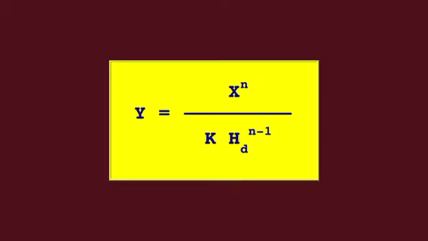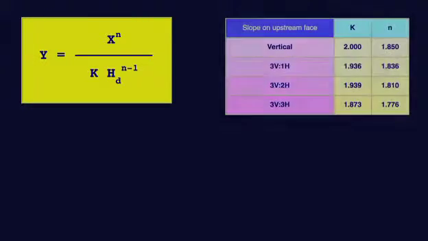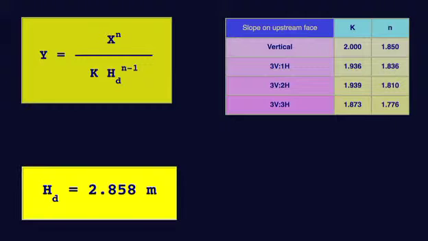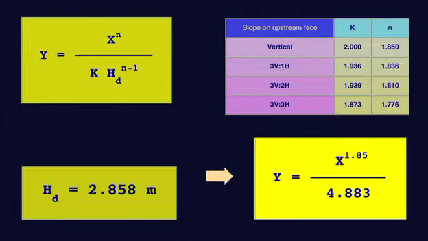The equation for the spillway shape is, for a vertical spillway face, K equal to 2 and n equal to 1.85. With the design head H sub D equal to 2.858, the equation for the spillway shape is, to calculate the coordinates of the end of the profile on the downstream face of the spillway at the point of tangency.